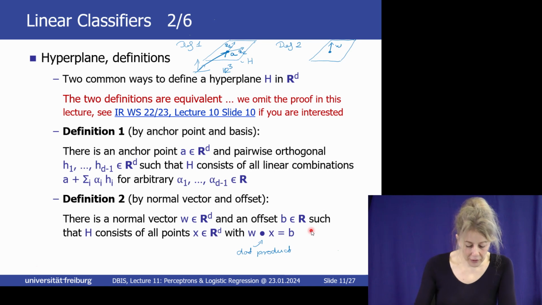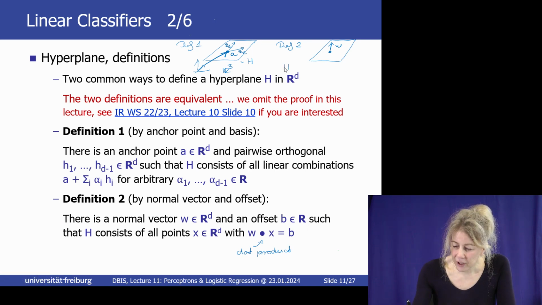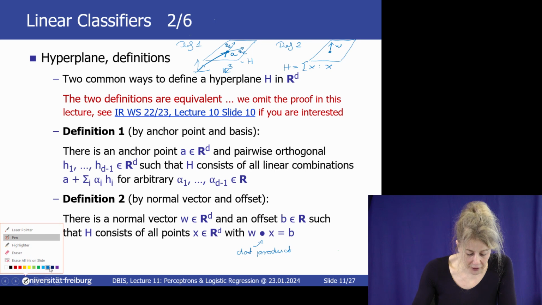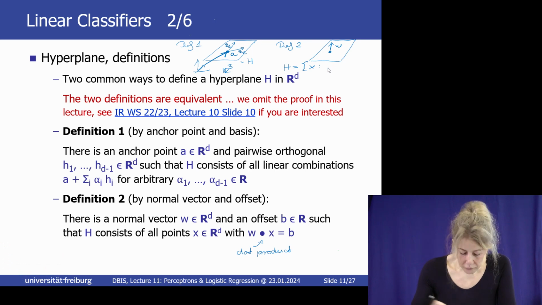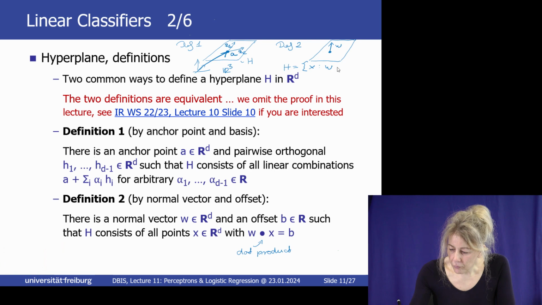Let me write it: in that case, H is all points for which the dot product with this W is B. And please do ask questions anytime.